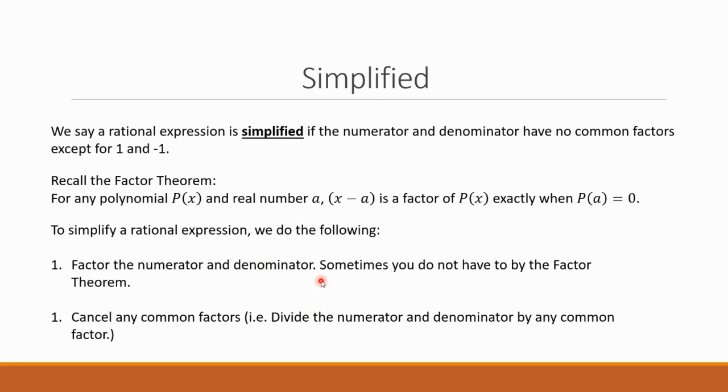Because you just want to check if they have any factors in common. And if they do, you cancel those. We'll do some examples of that, but basically it boils down to finding the common factors and canceling them. You could factor and then cancel. But again, the factor theorem can help you here.